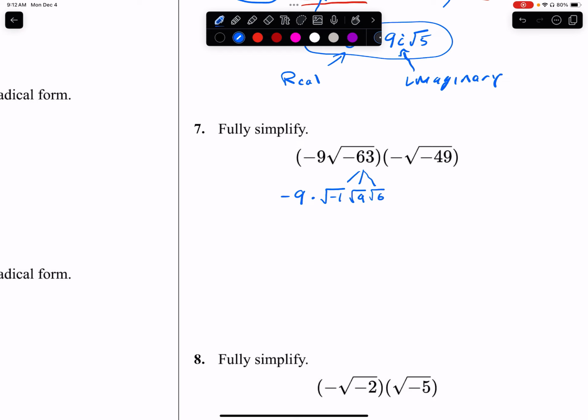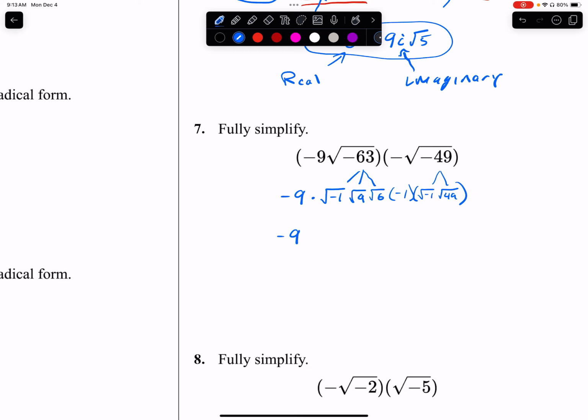And then I'm going to write for here, negative 1 times this square root of negative 1 times the square root of 49. Okay? So with these problems, you just go step by step by step.